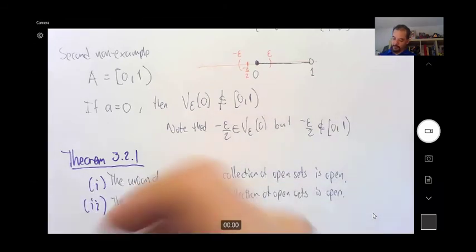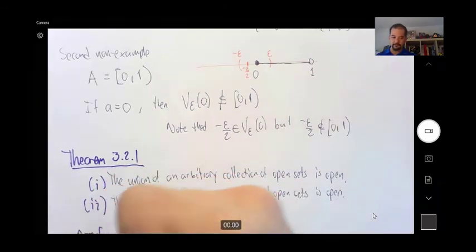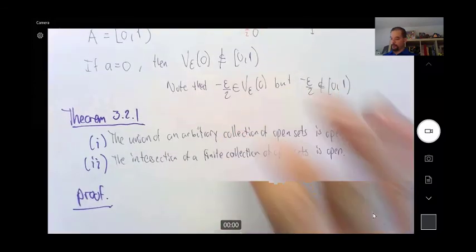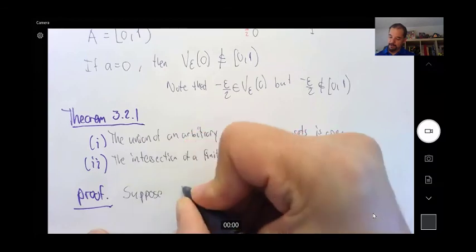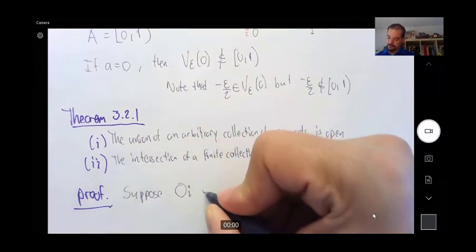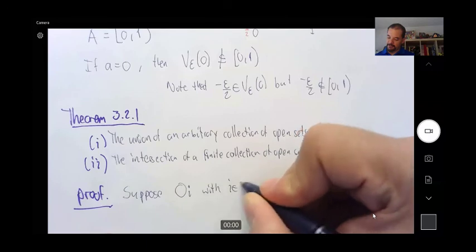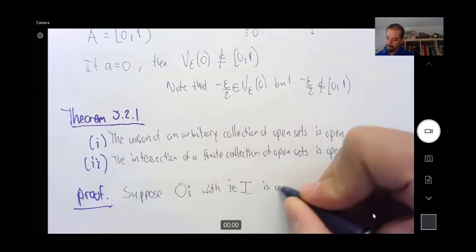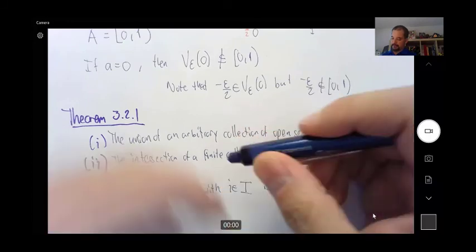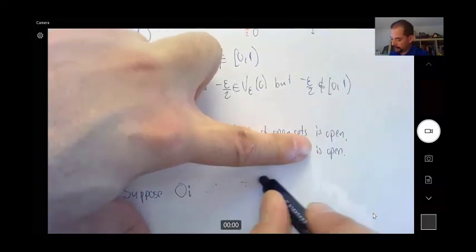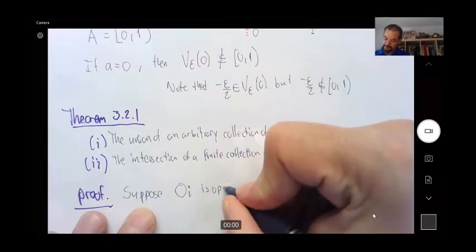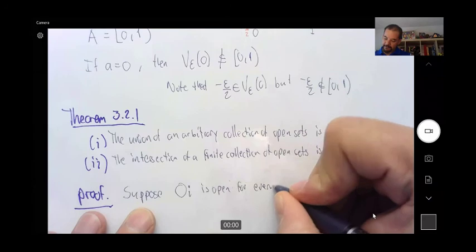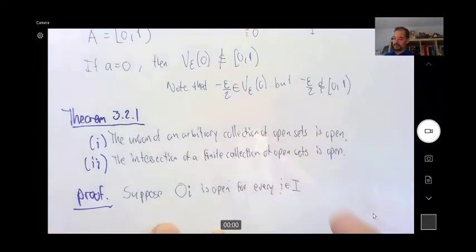Let's start with part 1. So we suppose we have a collection of open sets. So suppose O_i is open for every little i in capital I. Now this capital I is telling me how many open sets I have.